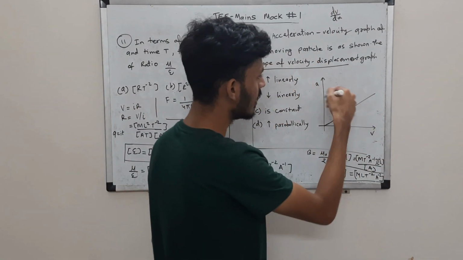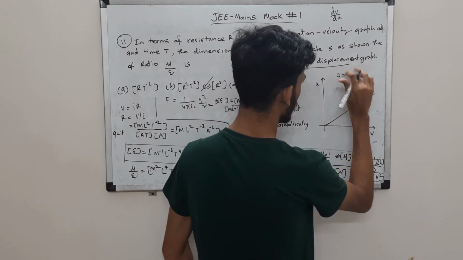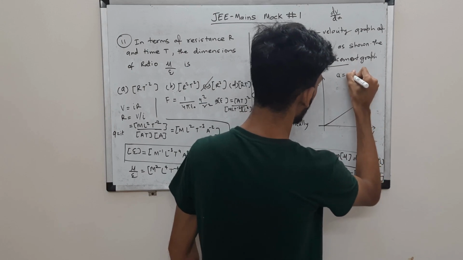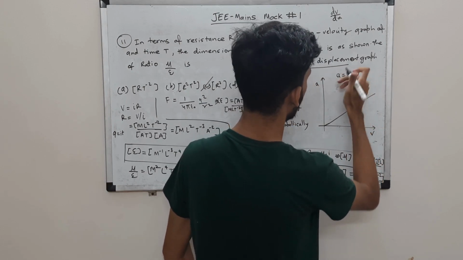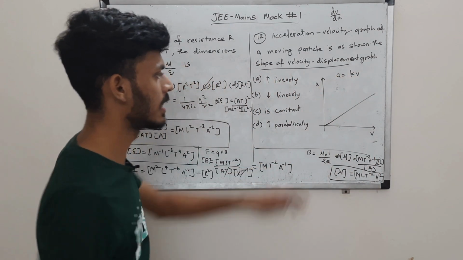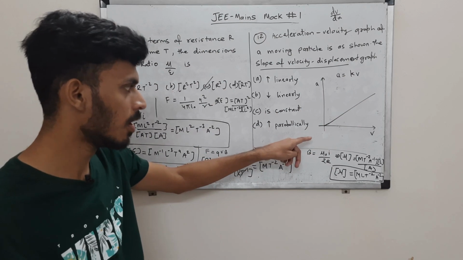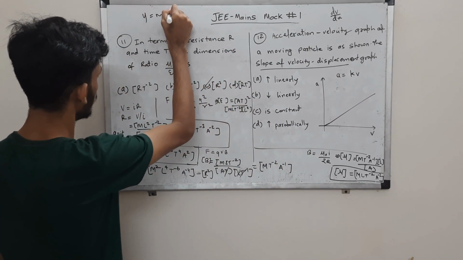So basically the equation of this will be a is equal to some k times v. I will not write m because you might confuse it with mass. Basically this is a straight line passing through the origin. You can remember the equation y is equal to mx plus c.